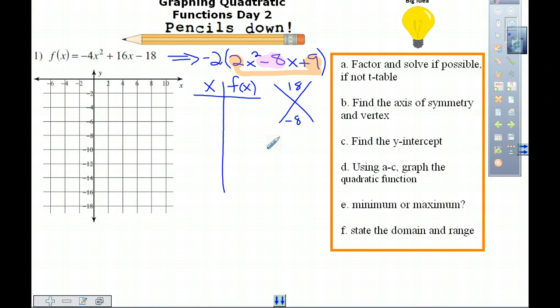So x sub v equals what? What's the formula? Negative b over 2a. All right, go ahead and calculate that. Now you can either use the b and the a here, or you can use the b and the a here. You'll get the same answer either way. Go ahead and calculate that. See what you get.